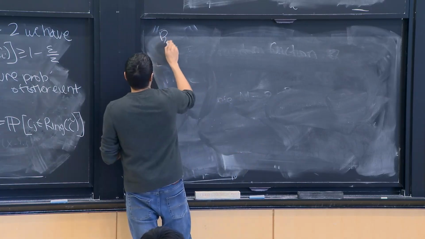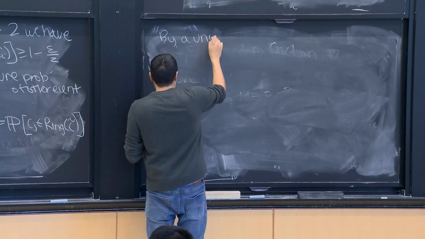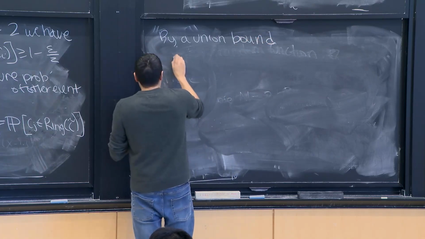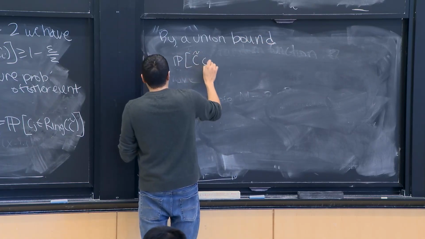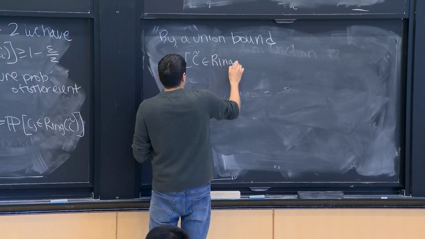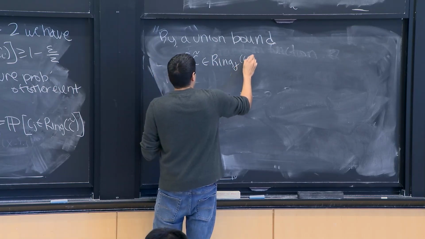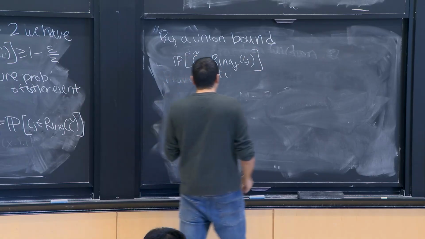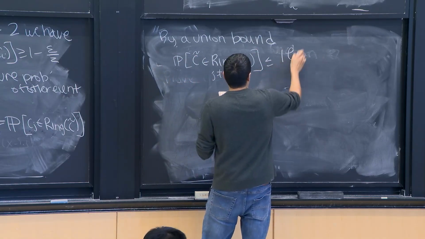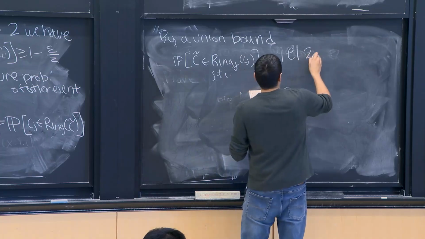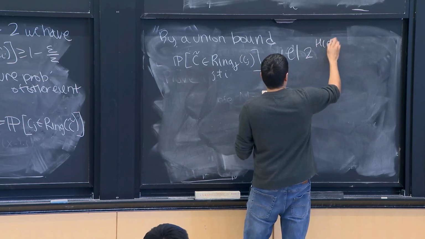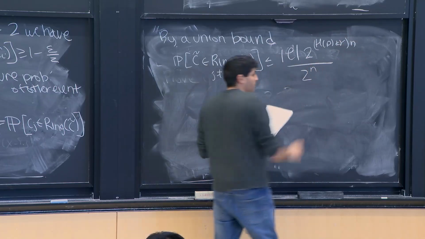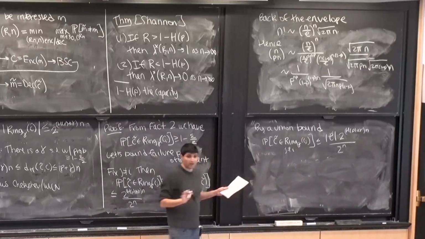So now by a union bound, the probability that C tilde belongs to any ring around a Cj where j is not equal to i, the probability that's true for any j, is at most the size of our codebook times this probability, 2 to the entropy of p plus or minus gamma n over 2 to the n. So this is just a simple union bound, right?